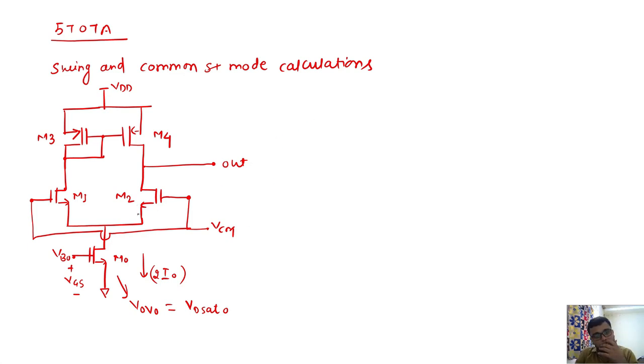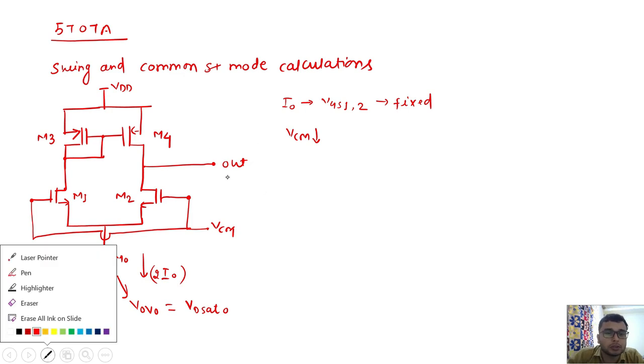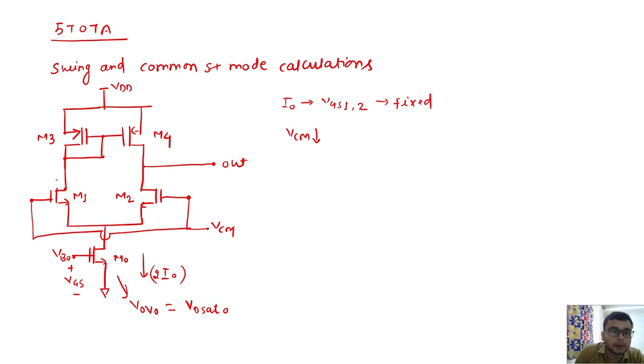For I naught, the VGS of M1 and M2 is fixed. If we reduce the common mode, the DC voltage that we have applied here, this VGS will remain at the value defined by the current, because I naught is flowing across these devices in DC condition.